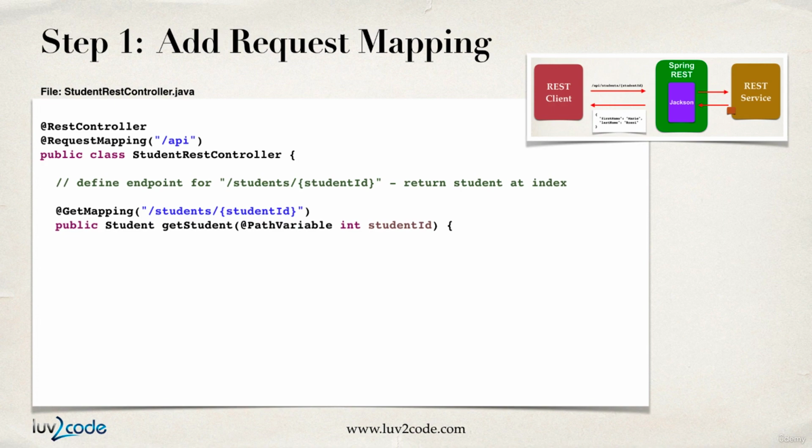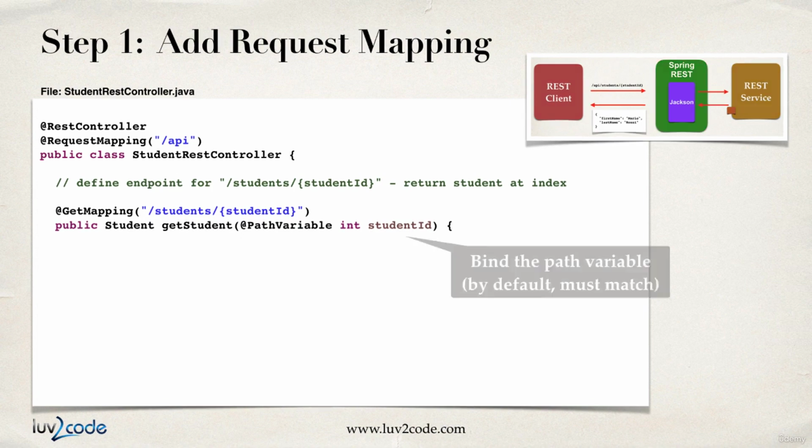I define a method, getStudent, that returns a Student, and then I have the @PathVariable int studentId. So this will bind that path variable that's coming in on that URL, and assign it to this variable that I have as a method parameter, studentId. And by default, both of those names must match up.